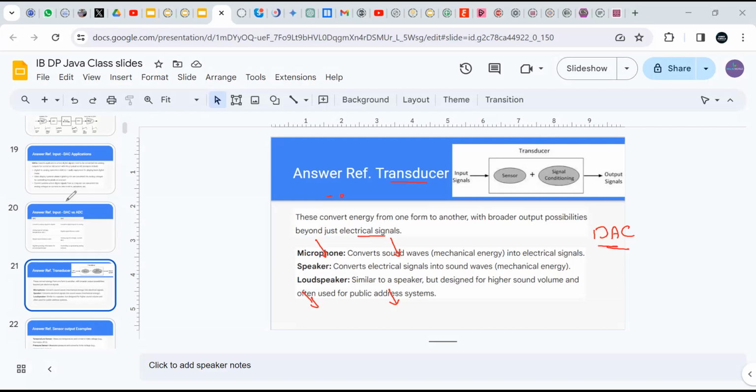An example of a transducer is a microphone. A microphone converts sound waves to electrical signals. And a speaker can also act as a transducer, but it is used on output, so it converts electrical signals to sound waves. Does this make sense? Yes.